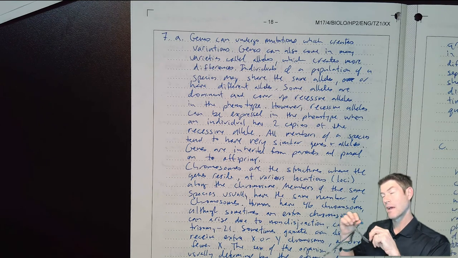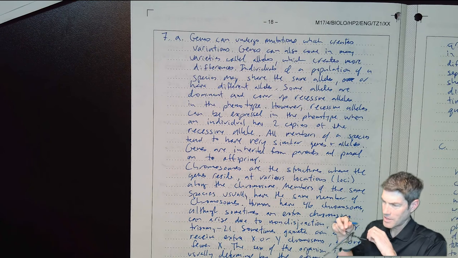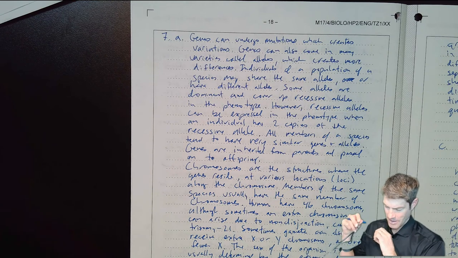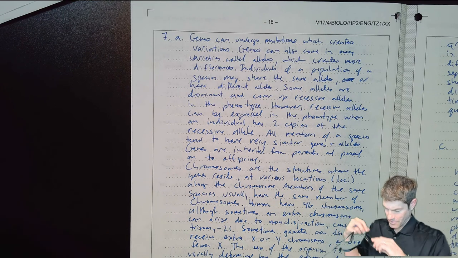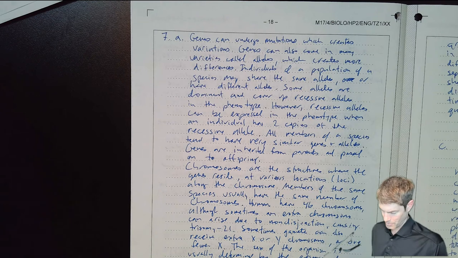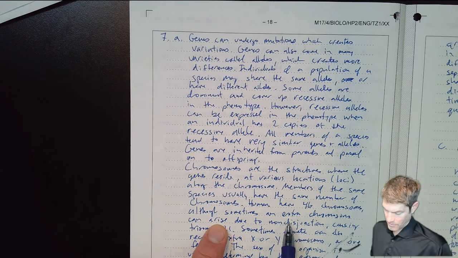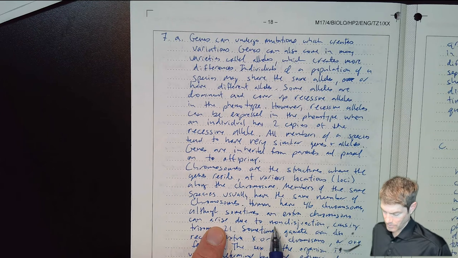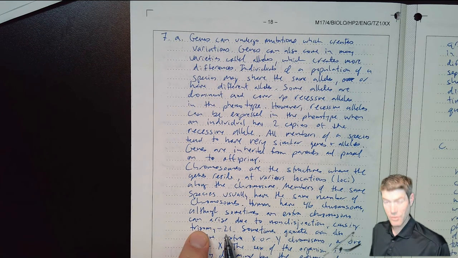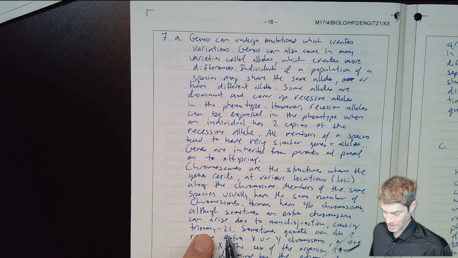Klinefelter syndrome have, I believe, an extra X, so they have 47. So they can vary. It's never 100%. Everybody has 46, but most people have 46. And I say that those extra chromosomes can arise due to non-disjunction, causing, for example, trisomy 21. That's a fancy way of saying Down syndrome.